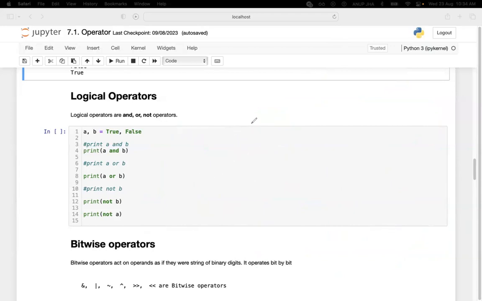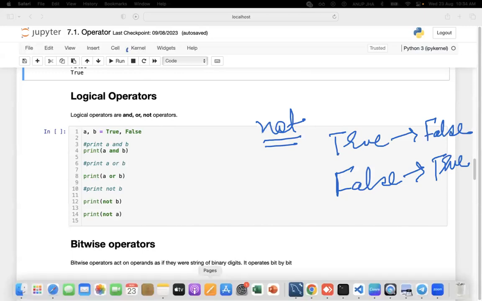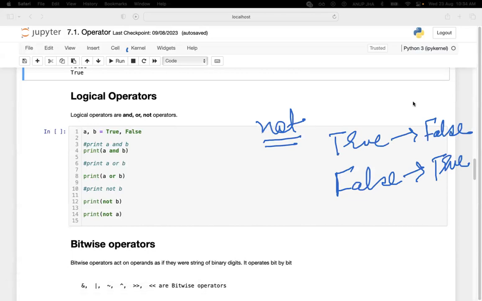How does the NOT operator work? It simply reverses the value. If something is true, it will reverse it and give false. If something is false, it will reverse it and give true. Now let's run this code and see the output.